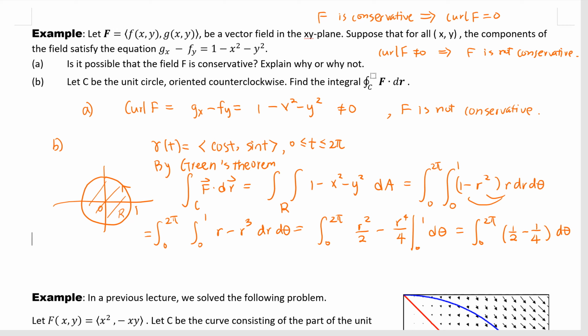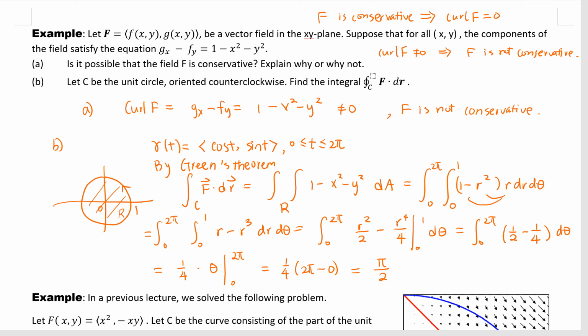So 1/2 minus 1/4 is 1/4. Integral of a constant with respect to theta is just theta. Evaluate from 0 to 2 pi. What is our final answer? Our final answer is pi over 2.